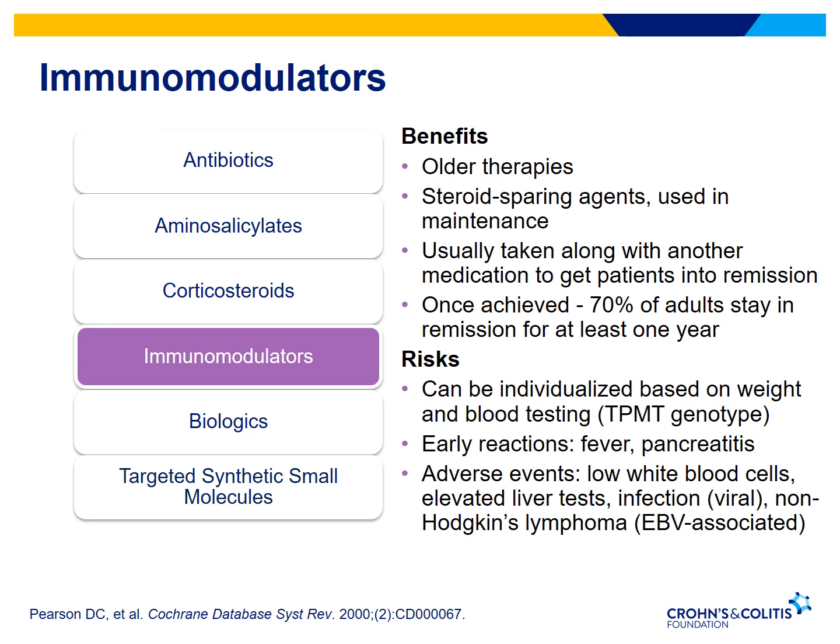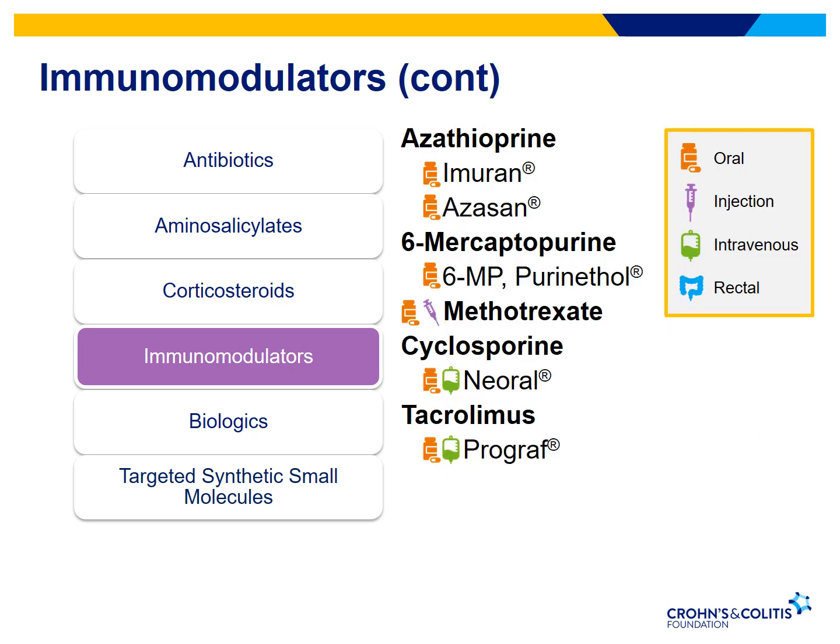For the most part, we use these within the first year of being on biologic medications to decrease the likelihood of making antibodies to the biologic medication. So these are the different names: azathioprine and 6-mercaptopurine.